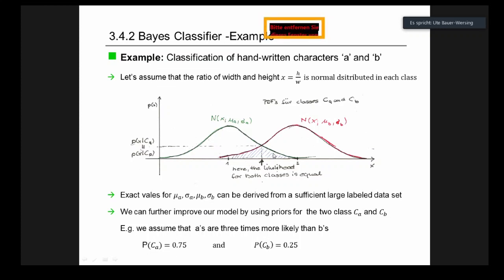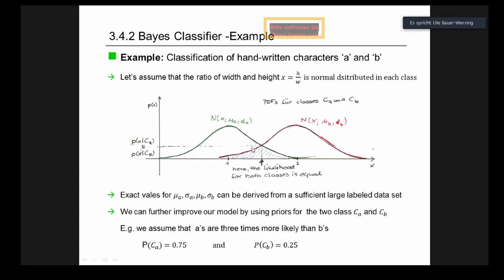This is the probability you get from the likelihood, and then you're again multiplying it with the prior probability of the particular class. So you have two factors. Is this the answer to your question? Yes.